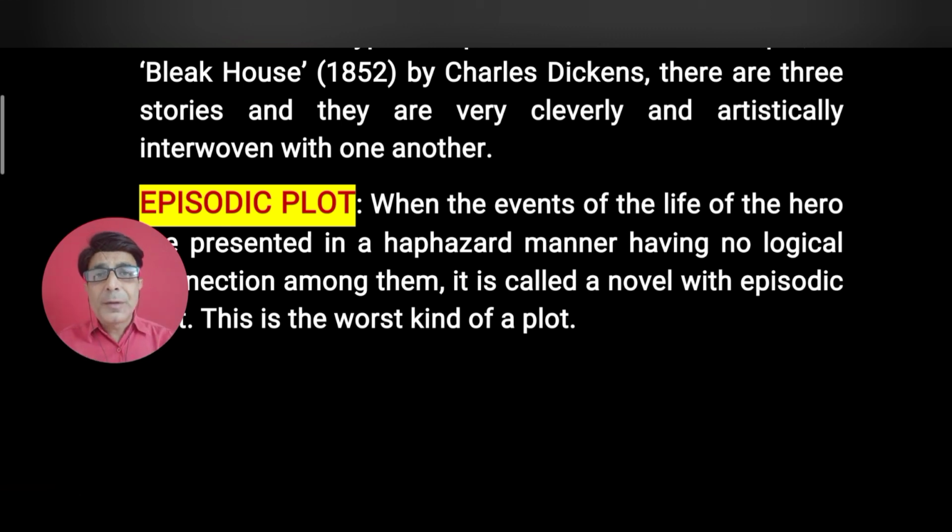There is a difference between story and plot that we have discussed, and then we discussed two kinds of novels: novel with organic plot and novel with loose plot. And then we discussed more classification of plots in novels, and there are three types of plots: simple plot, complex plot, and episodic plot. Complex plot is considered an ideal plot in English literature.